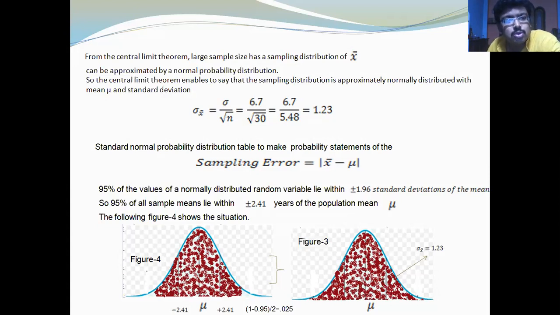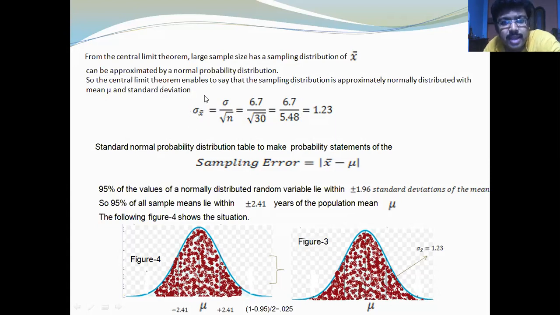So the central limit theorem enables us to say that the sampling distribution is approximately normally distributed with mean mu and a standard deviation of 1.23.